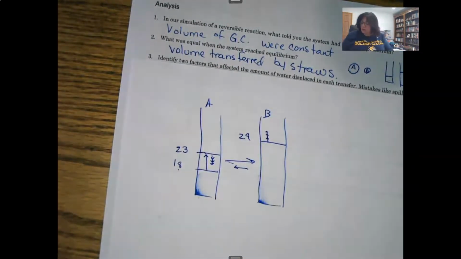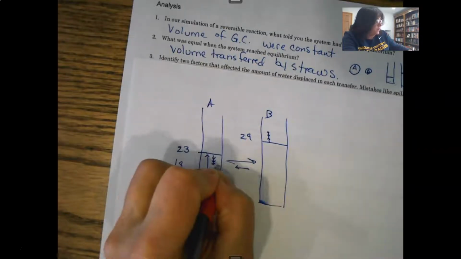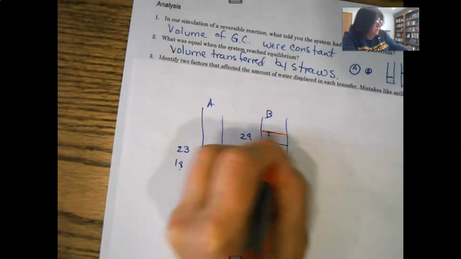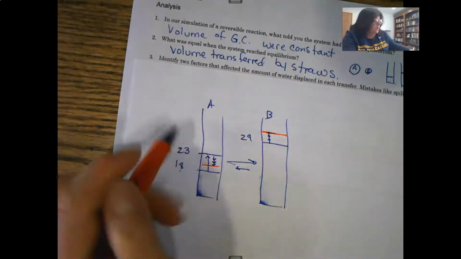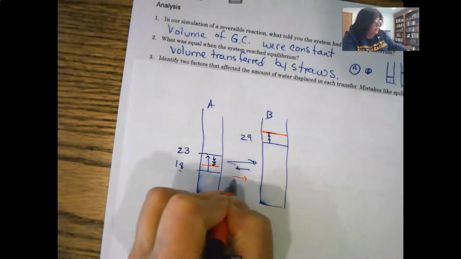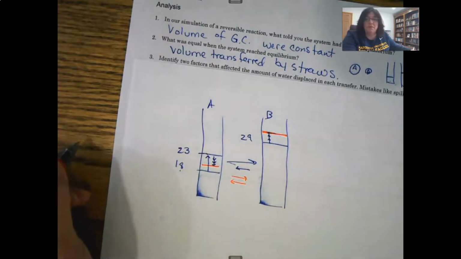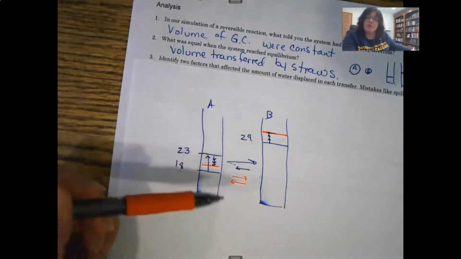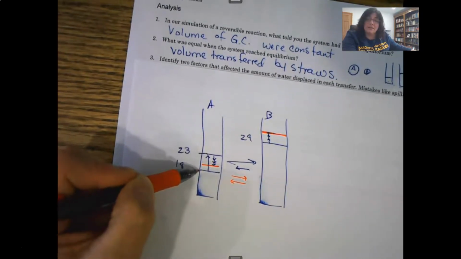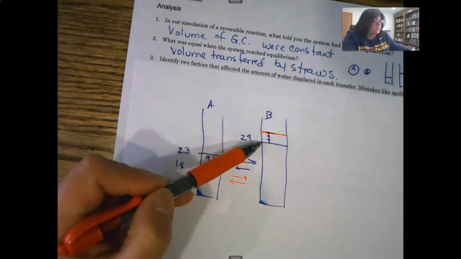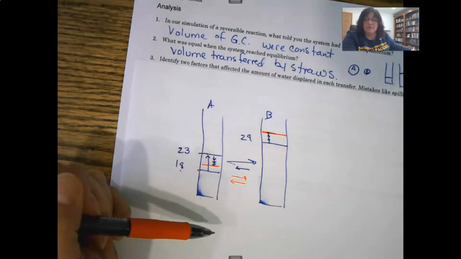Maybe I should use a new color. It's going to change until we get to a new point of equilibrium. And so now we have equilibrium once again, once we get these volumes equal. But notice what's different. We never got back down to 18 milliliters, and we definitely don't have the 29 milliliters anymore.